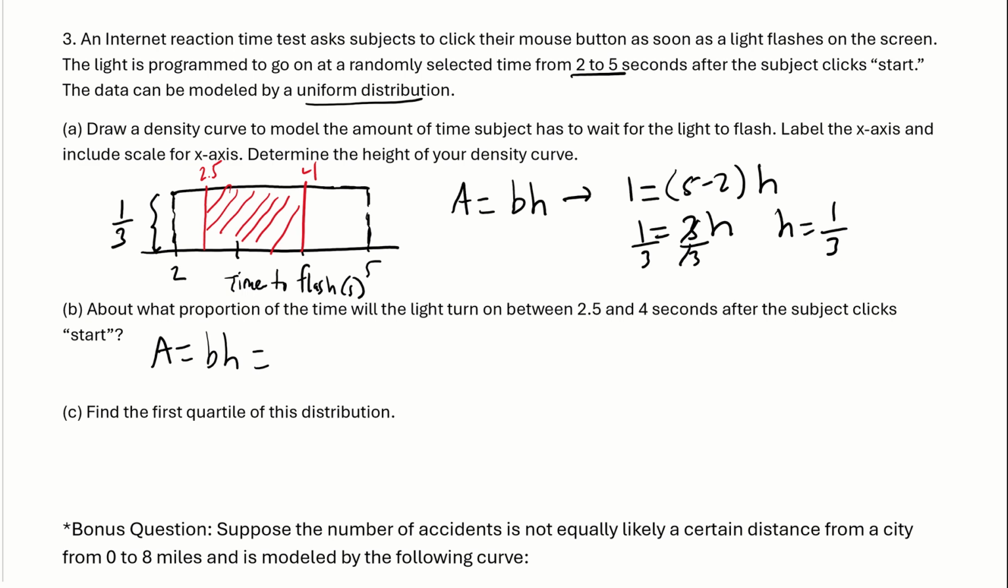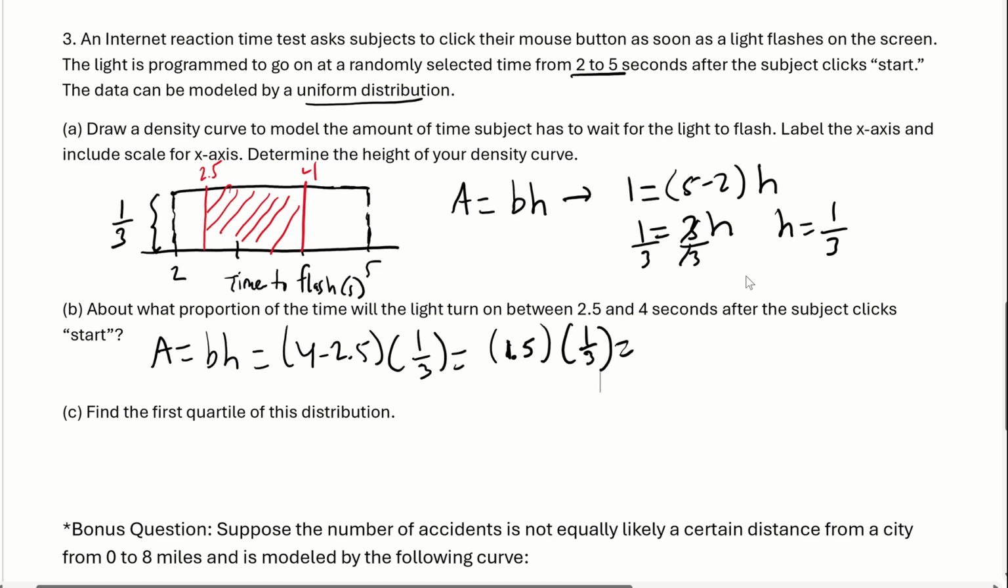The base is 4 minus 2.5, and the height is 1/3. So we get 1.5 times 1/3. Okay, we'll do that on the calculator. So you get 0.5, which is 50%. So 50% of the time the light will turn on between those 2 times.